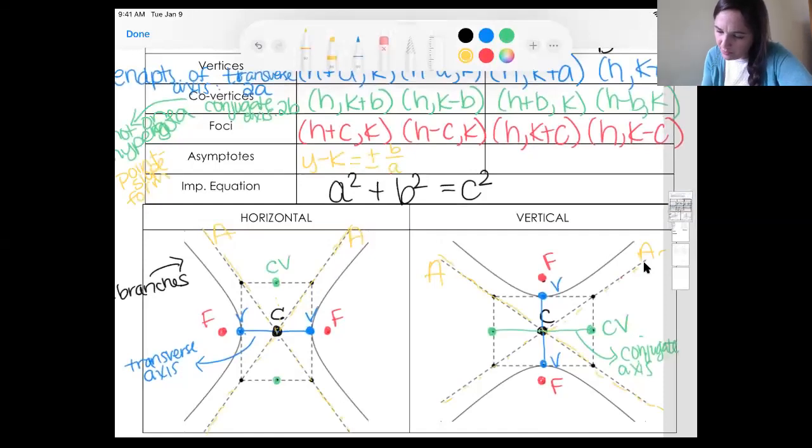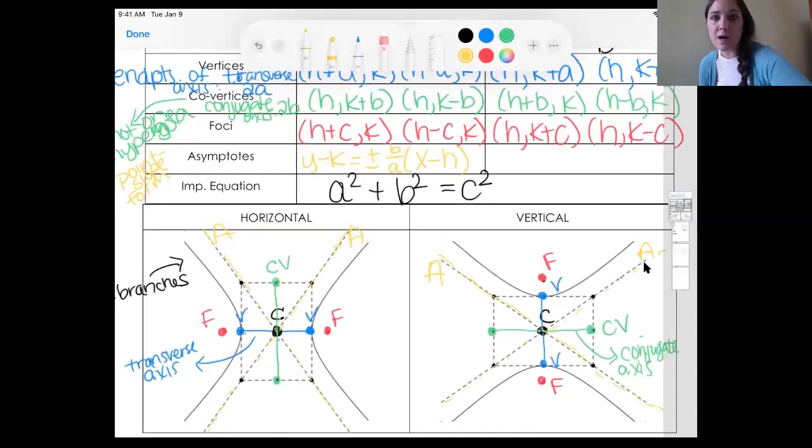Oh, I didn't even color my conjugate axis now that I'm just thinking about that on this one. So b over a times x minus h. Okay. So really the formula for asymptotes is pretty easy, as long as you remember it is point slope form. That point is going to be our center because our asymptotes always run through the center. And then the slope just comes from your a and your b value.